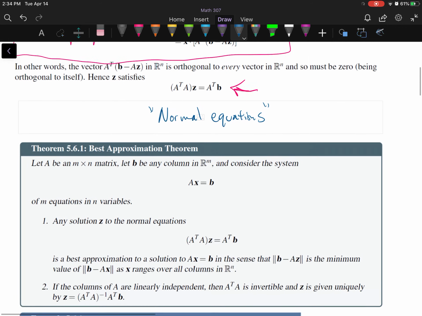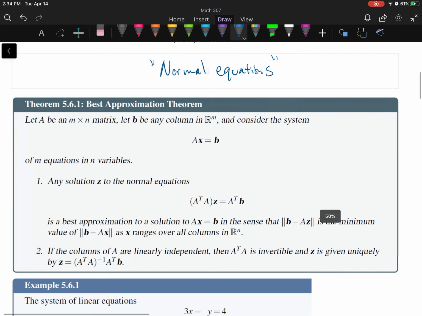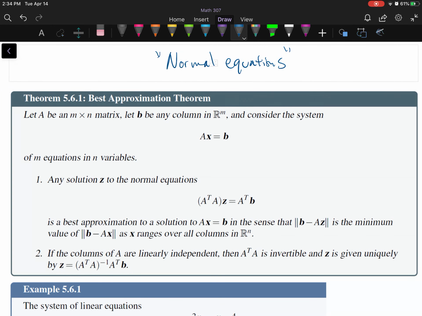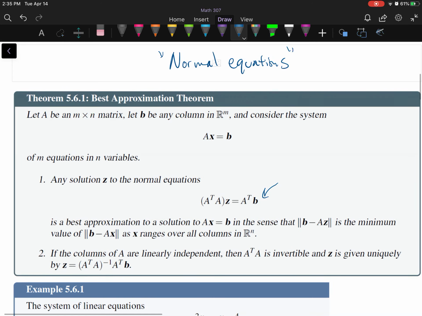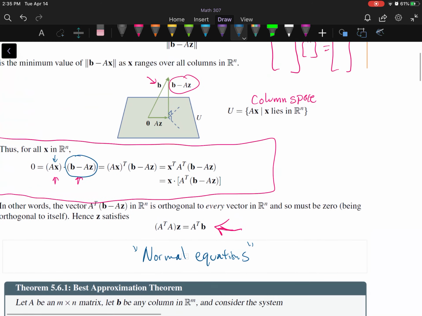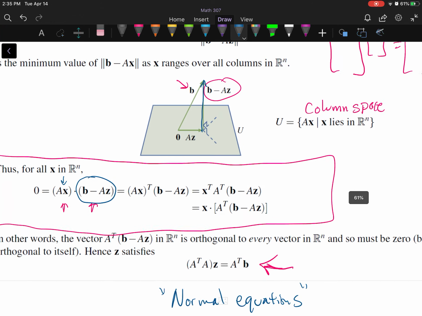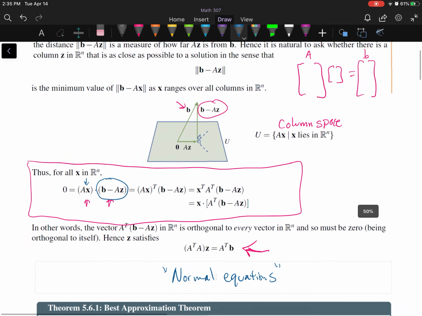This is just a summary of what they're calling the best approximation theorem, where this set of normal equations gives us the best approximation when we don't have an exact solution. It minimizes the length of this vector, which is the vector that goes from our column space to our vector B that we're hoping to land on.